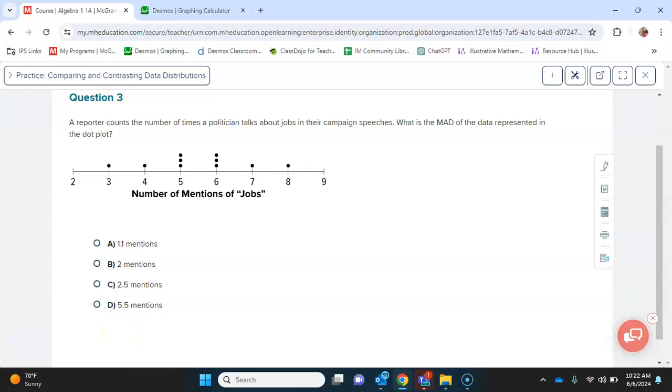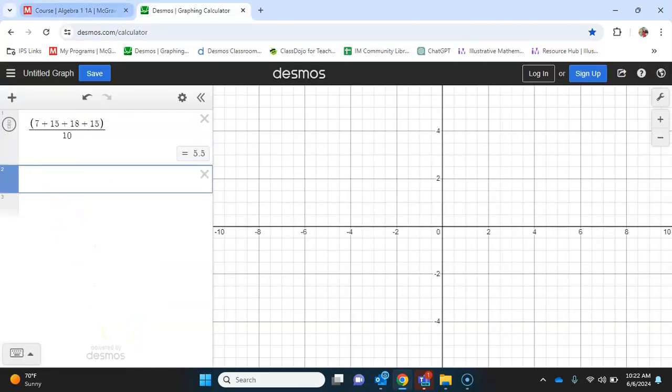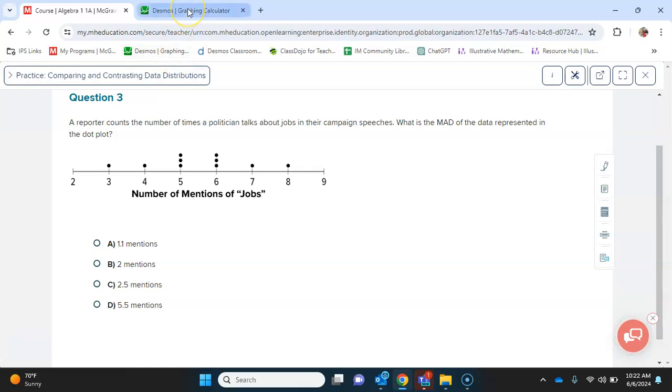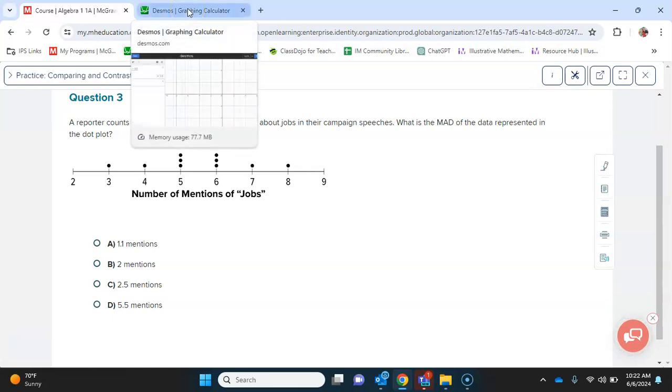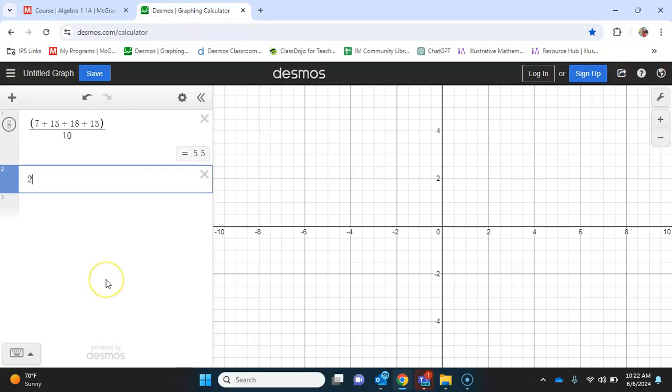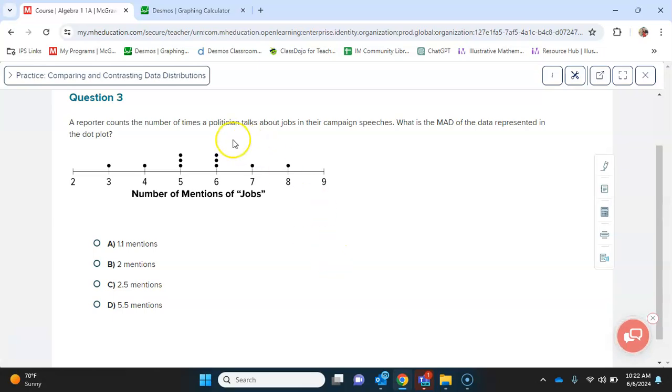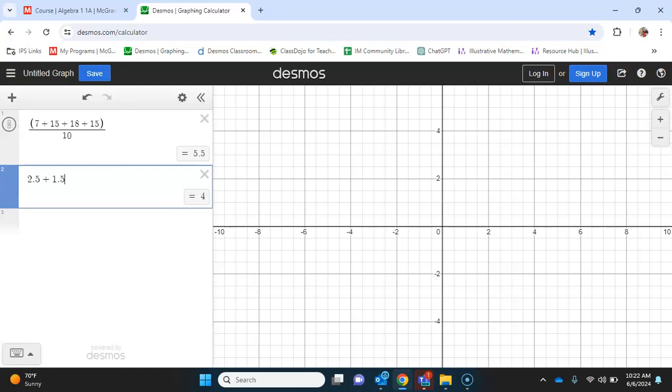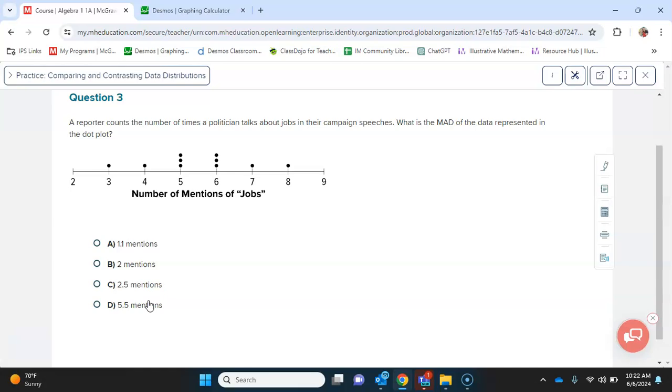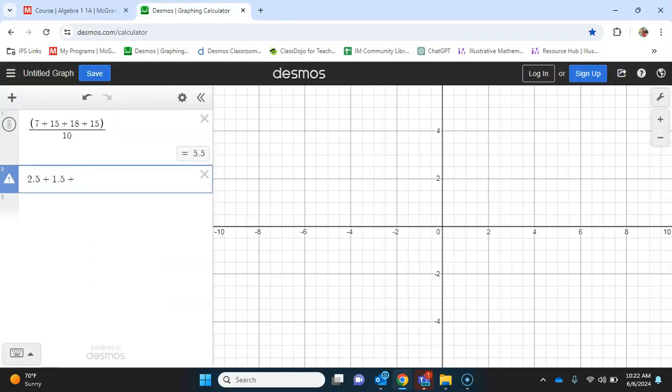So 5.5 minus 3 equals 2.5, while 5.5 minus 4 equals 1.5, plus 5.5 minus 5 equals 0.5 times 3, because there are 3 dots.